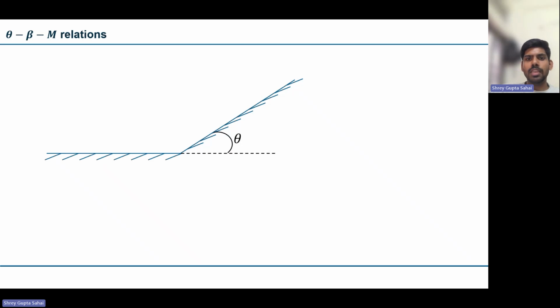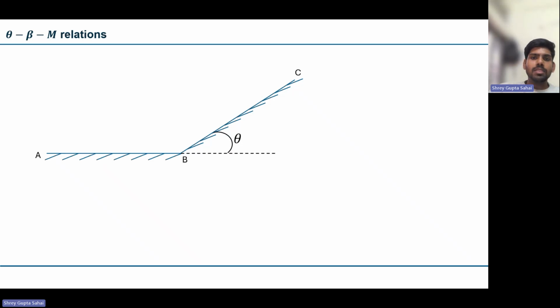Let's call this surface AB, and later on we are forcing this flow to be parallel to surface BC, and that will require the flow to get deflected by angle theta.